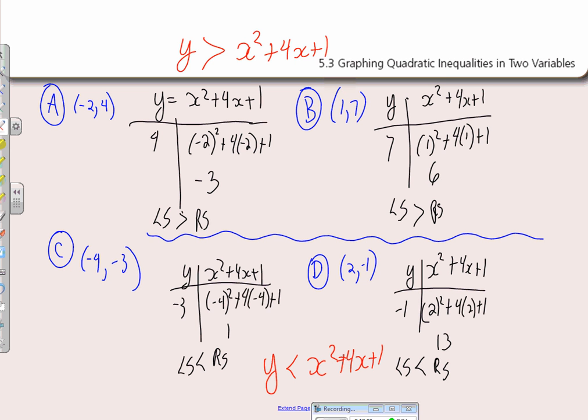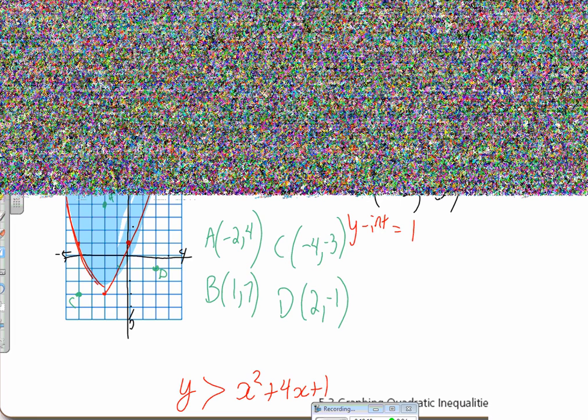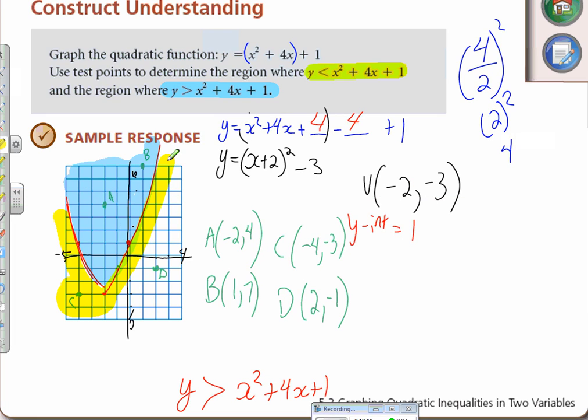So now we can shade those 2 parts. Points A and B was the greater than, and I said I'd do that in the blue. So all of this section in here, we shade in blue. All this section was less than, we shade in the yellow.